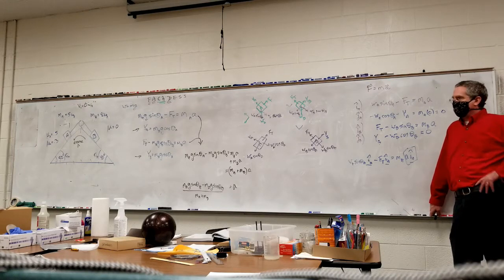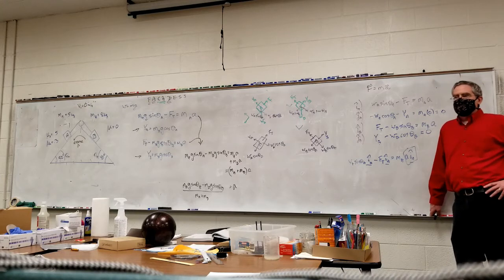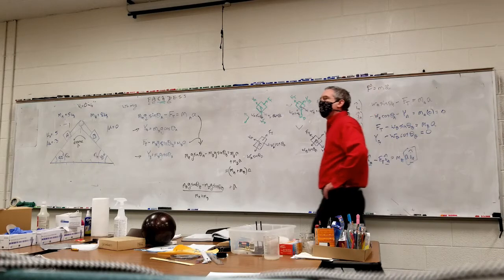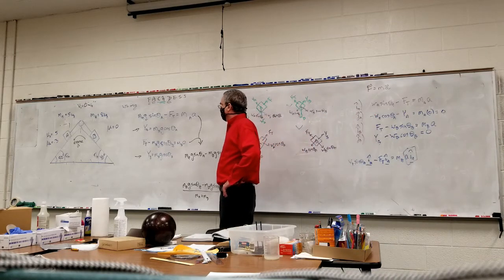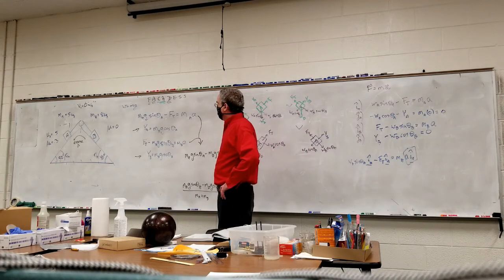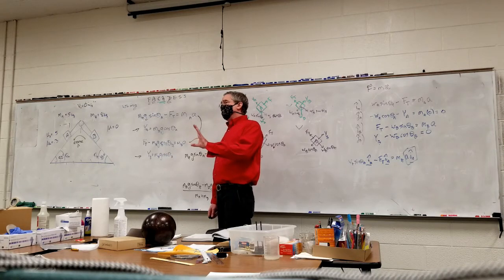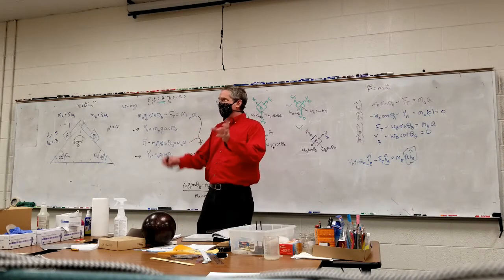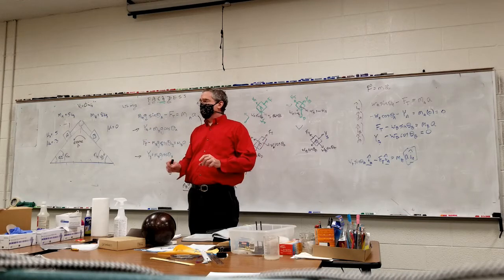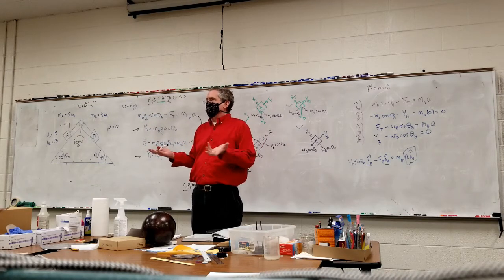Questions about this, how we got this far? So why did you choose those two equations? I want to find the acceleration. Ultimately, I'm trying to figure out which way this thing is going to go, which in essence is going to be acceleration.